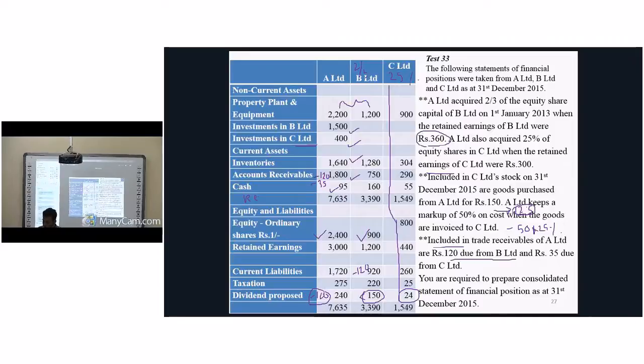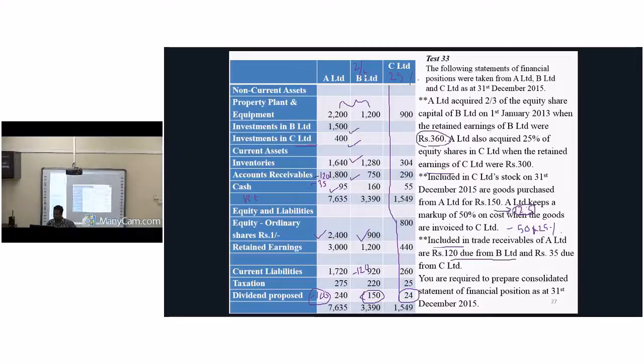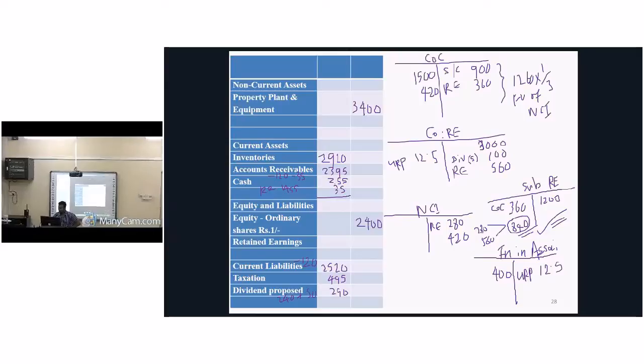Debit means it goes down, and credit it to dividend from subsidiary. That 100. Understand? Hope now you got the point. That's the double entry for dividend proposed.